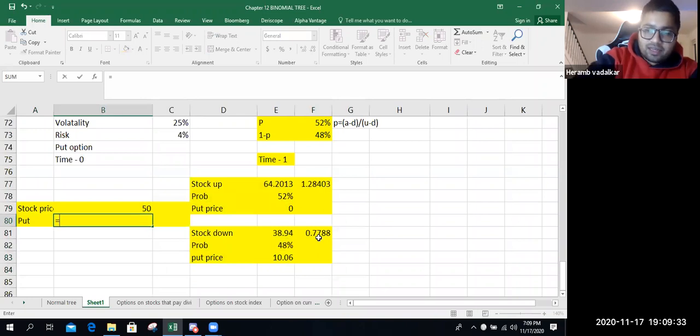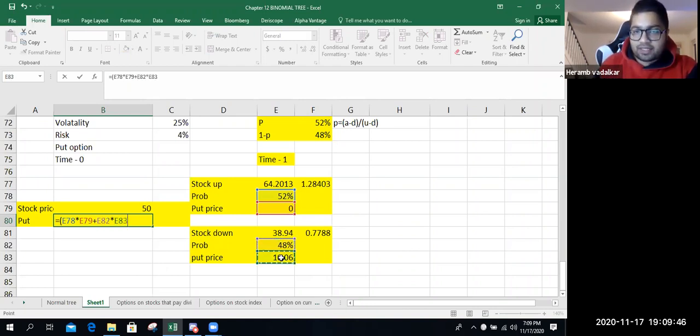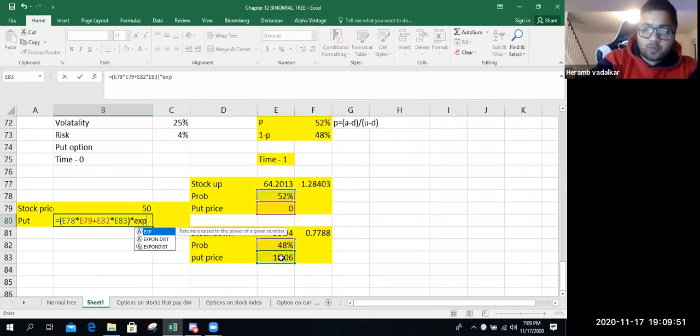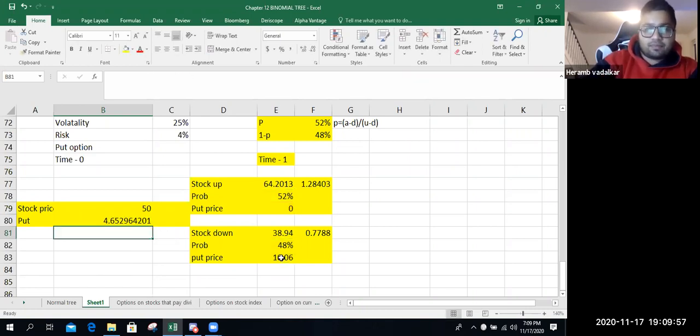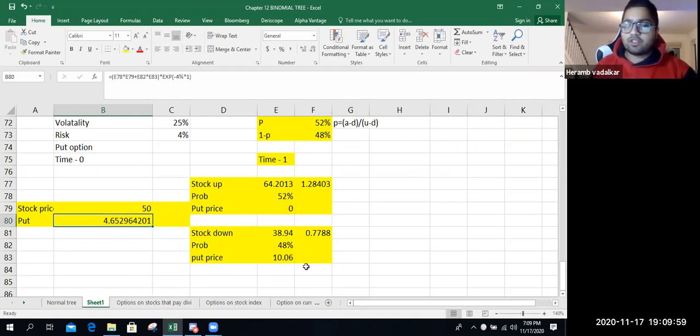So put price here is probability of going up times price if it goes up plus probability of going down times price if it goes down, times exponential of negative risk-free rate 4% times 1. So put price is 4.65. Any questions?